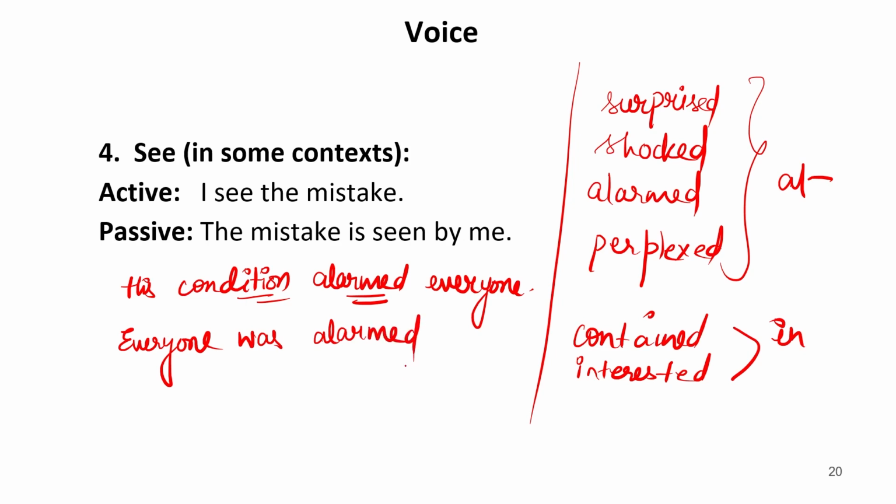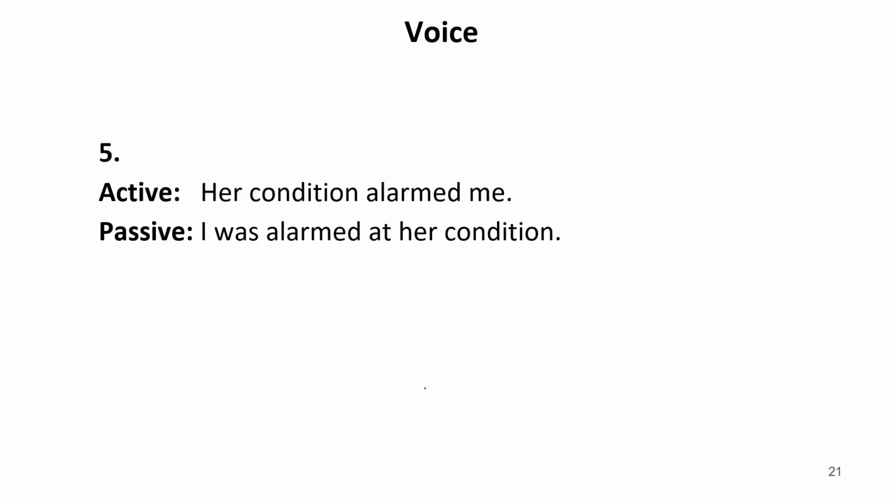No, we do not use "by". Instead, we use "at": "His condition", not "by". Now, next, "Her condition alarmed me." Now the same type of sentence: "I was alarmed at her condition."